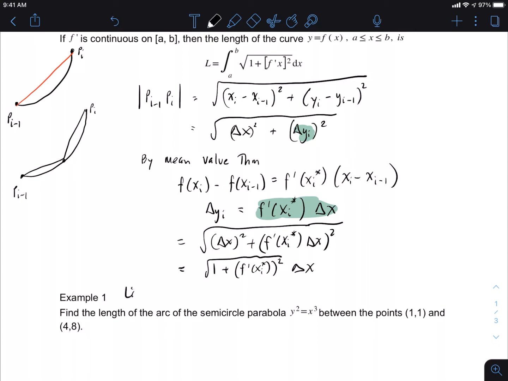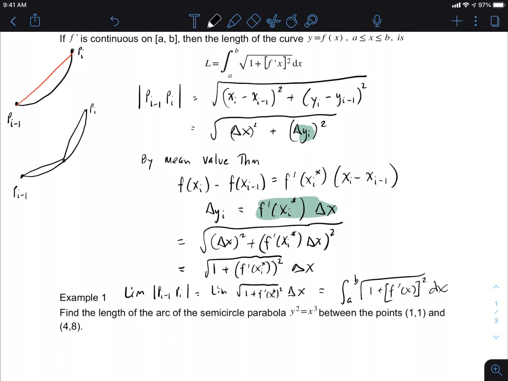So our limit of this p sub i to p is going to be equal to the limit of this root of 1 plus f prime of x sub i star squared delta x, which is the definition of the integral, which is our arc length.